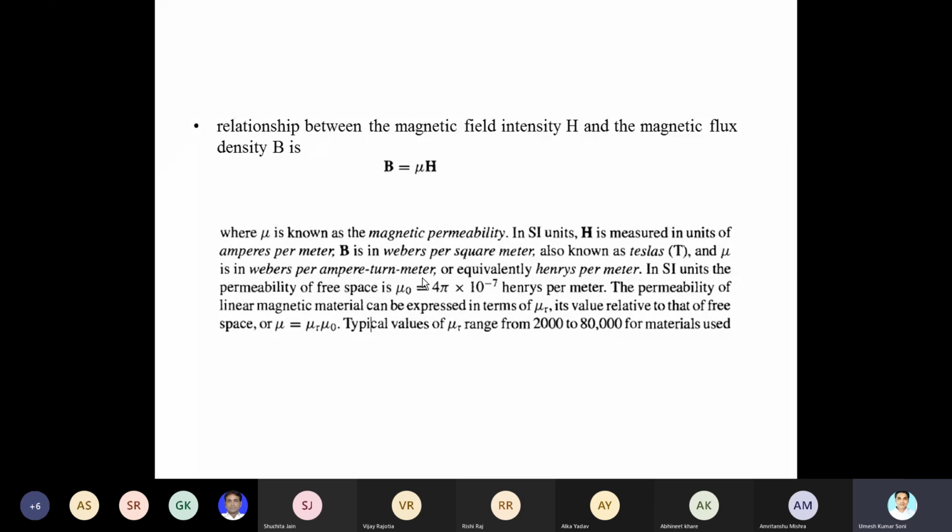So H into L is equal to Ni. So you can also replace H here with mu into Ni upon L.